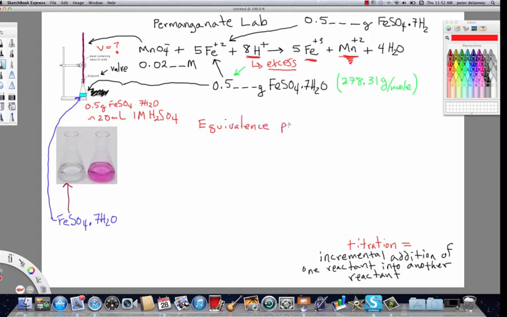All right, now the equivalence point is literally the point at which the two reactants have completely reacted with one another. All right, and I'm going to define this in exactly the way that we're using it here.